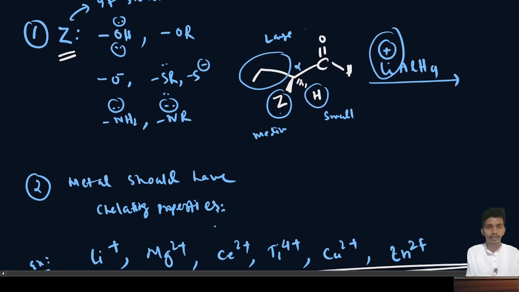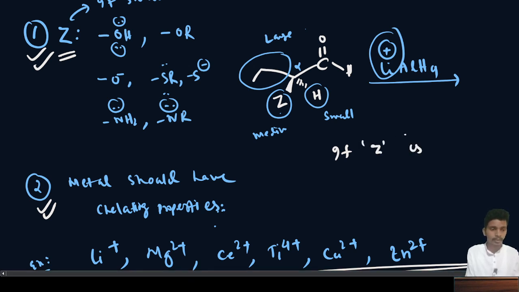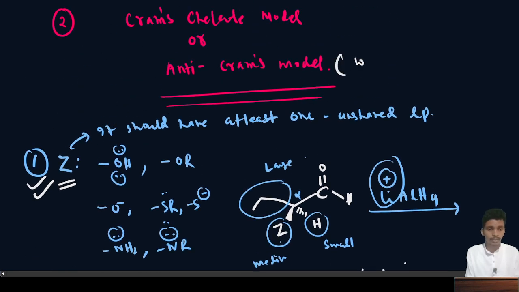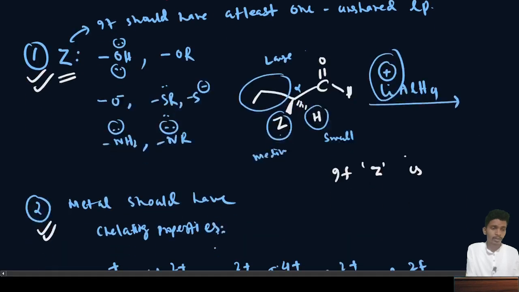It says that these two conditions first have to be satisfied, and after that we apply this model. The model says that if Z is the chelating group, here we will look at the molecule with respect to Z, whereas in the case of Cram's model, we do that with respect to the large group.